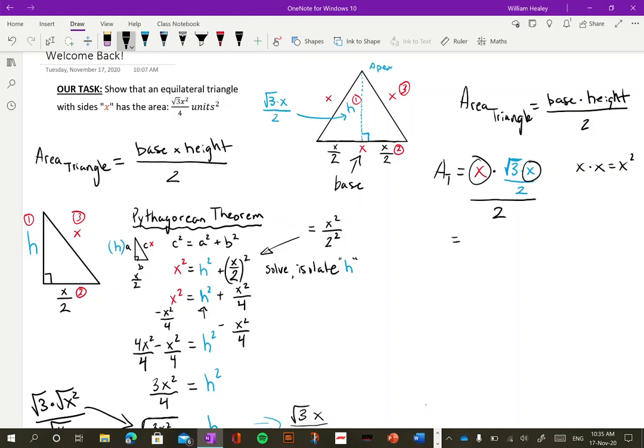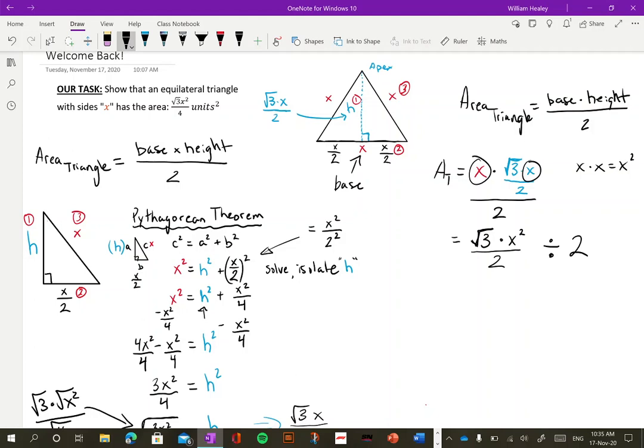So we'll leave square root 3 as it is, square root 3 times x squared divided by 2. And we know that this entire expression needs to be divided by 2. This is another way of writing the above statement.